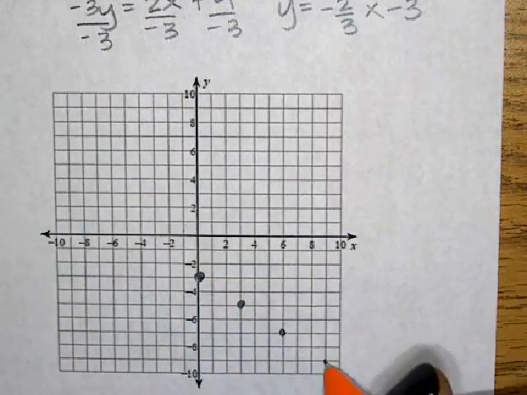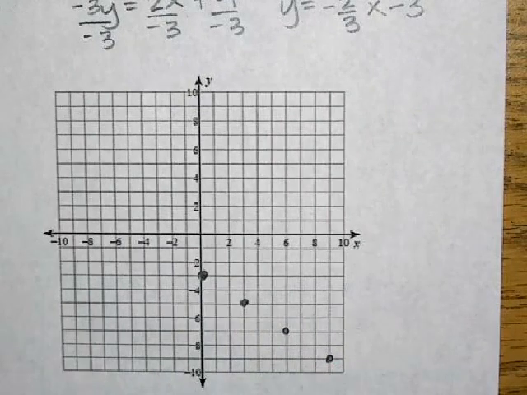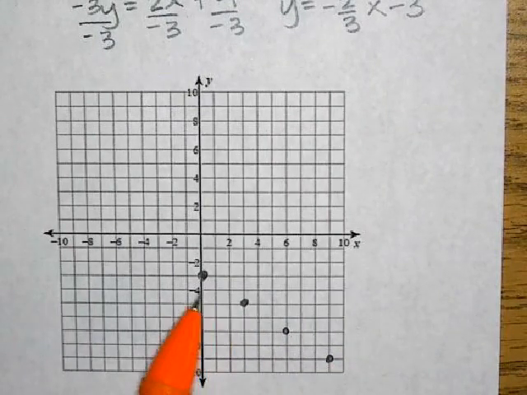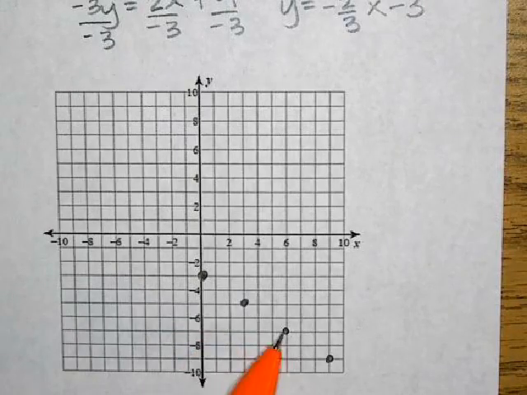And your graph should look like this. Is it looking like that? Down 2, right 3, down 2, right 3, down 2, right 3? Yeah.